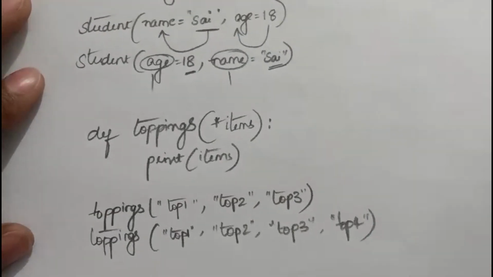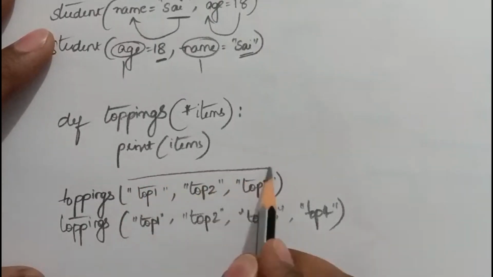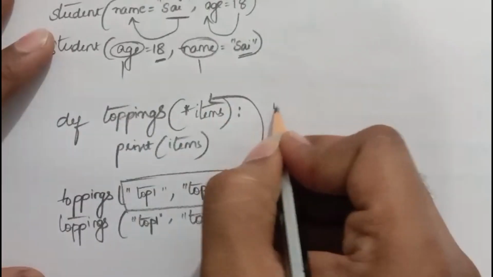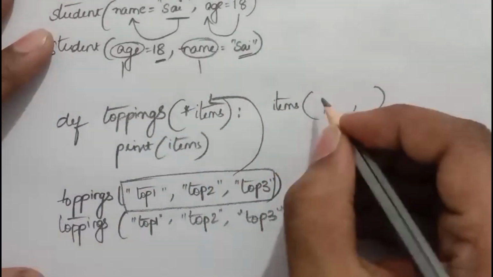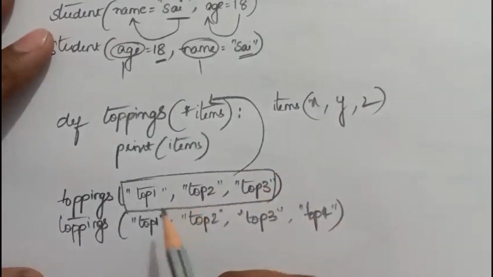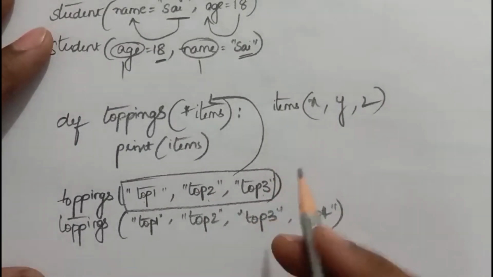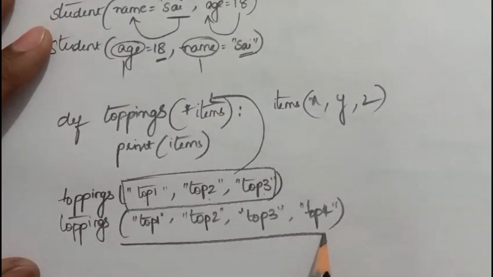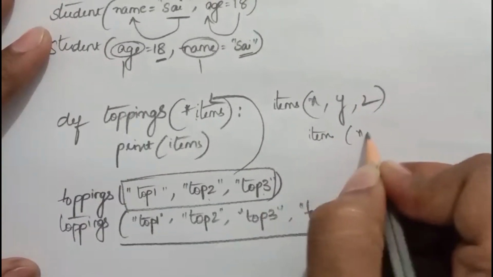Now what will happen in Python is these three values will get stored in items. Items now behaves as a tuple having three values. Topping 1, topping 2, topping 3 will be the three elements of tuple items. When your friend passes four values, items will behave as a tuple having four values.